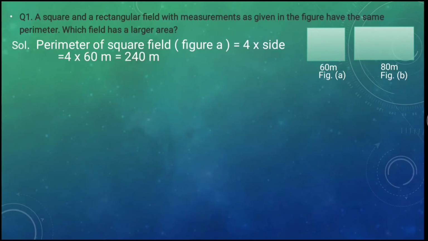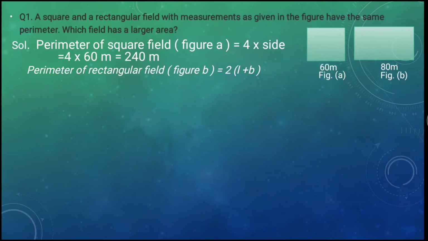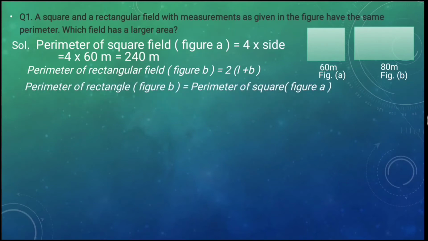Okay. So we know that the perimeter of rectangular field B is equal to 2(L plus B). Here it is given that the perimeter of the square field is equal to the perimeter of the rectangular field, right? So we can write that the perimeter of the rectangular field is equal to the perimeter of the square.